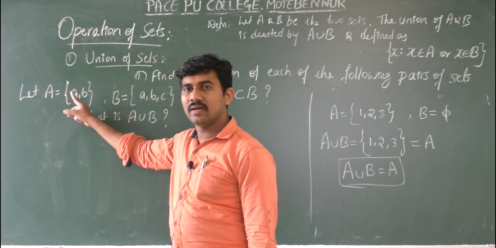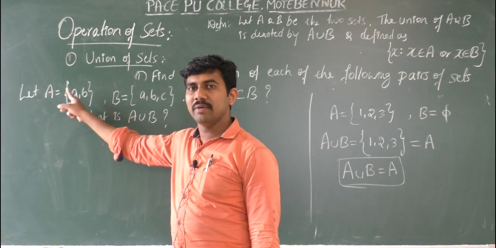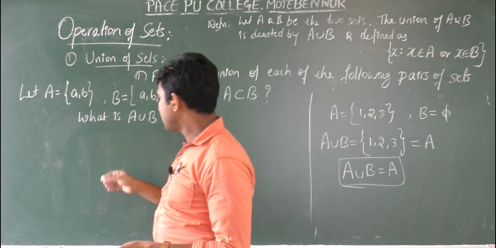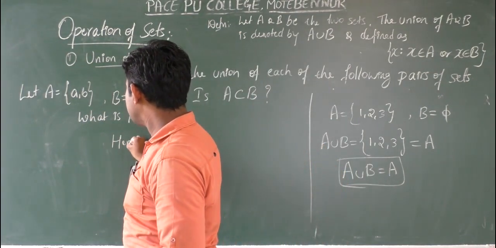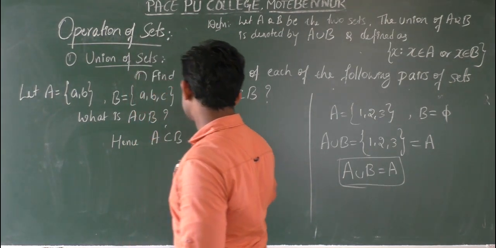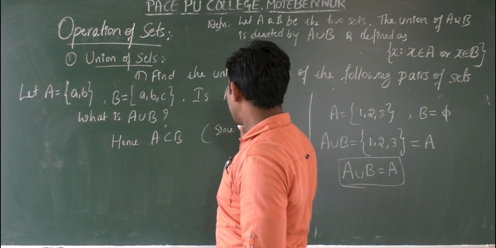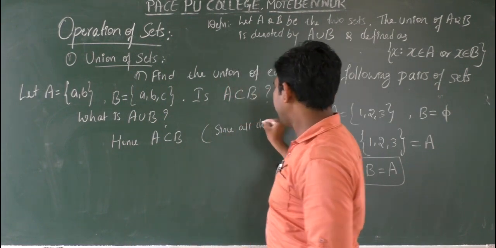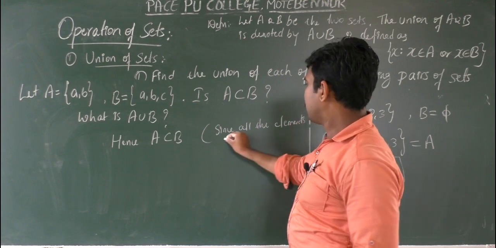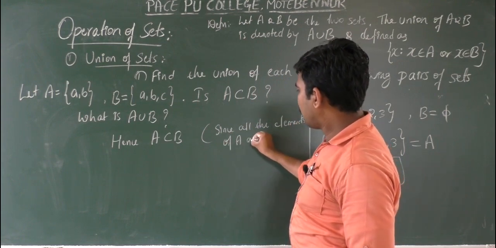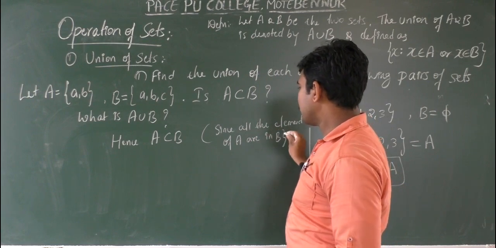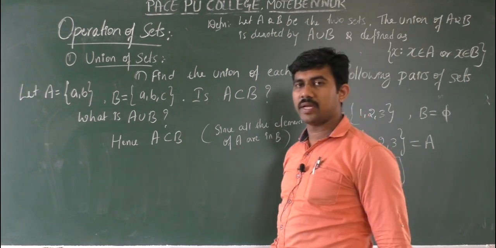Here a and b are the elements of A, and clearly they lie in B. So clearly we can say, hence, A is a subset of B, or in words you can write, since all the elements of A are in B, so we can say A is a subset of B.